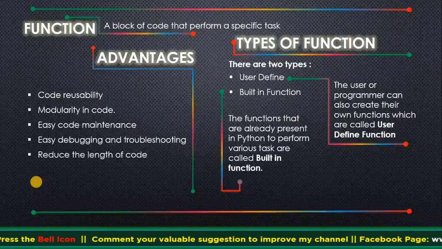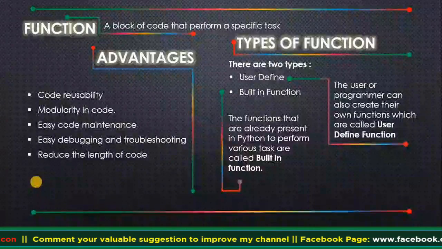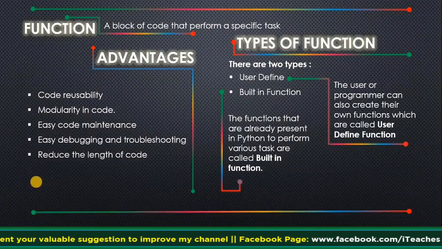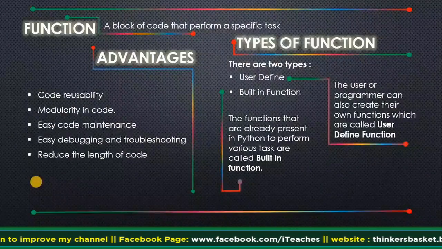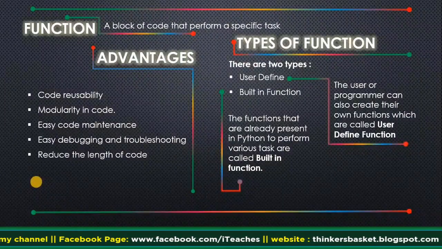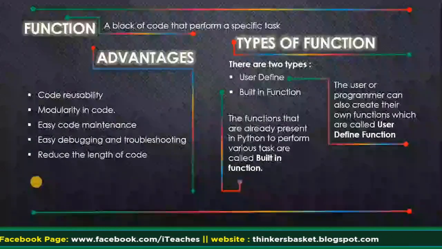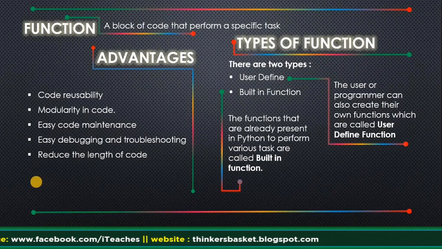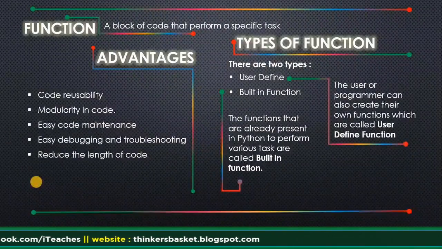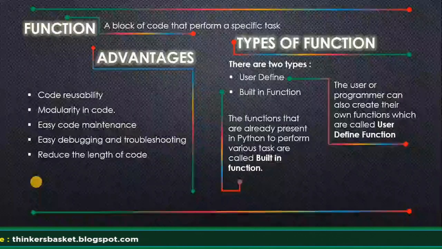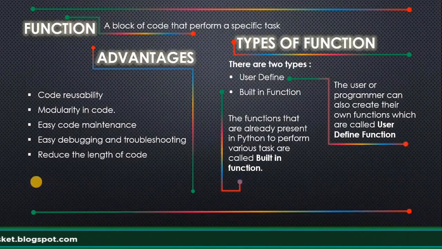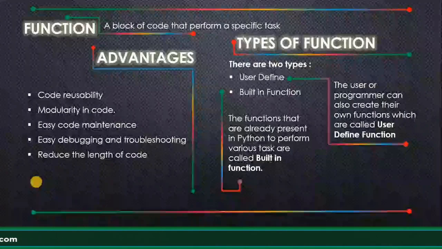The next topic is modularity. Modularity in code means suppose you have a very large program, you can divide it into smaller portions. These sections are basically known as functions or modules. So your program will be divided into smaller parts, which makes code maintenance easy.